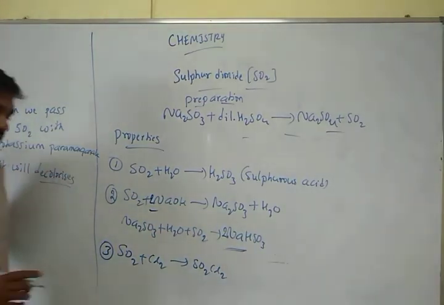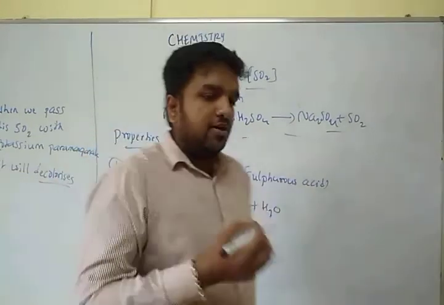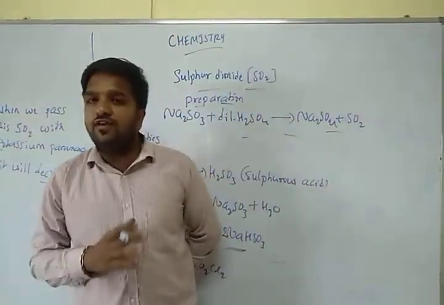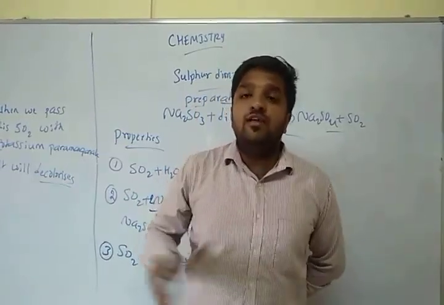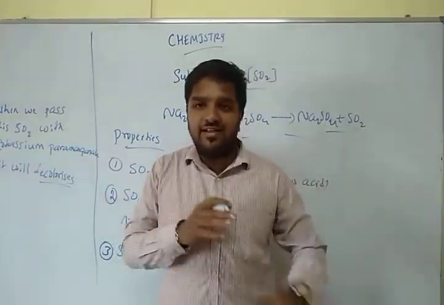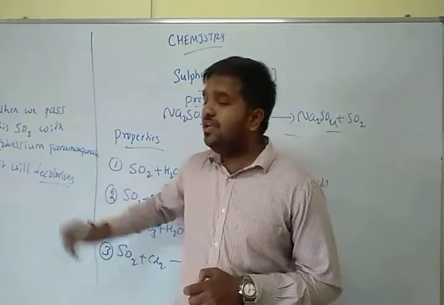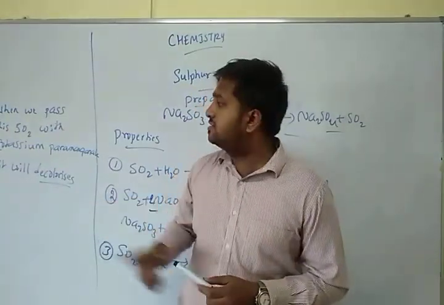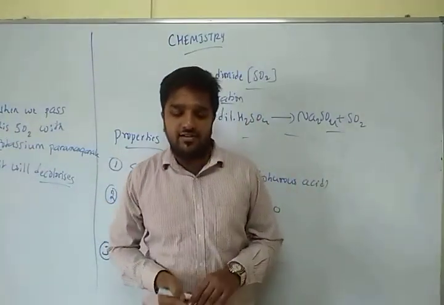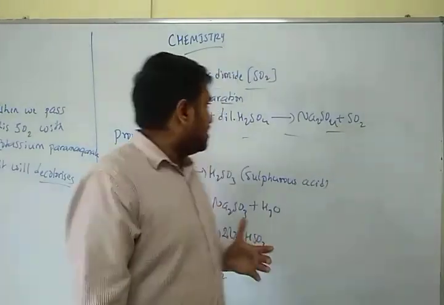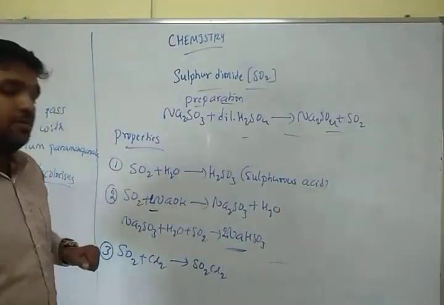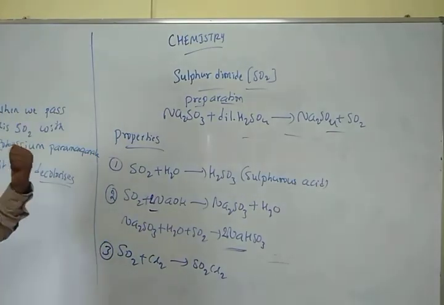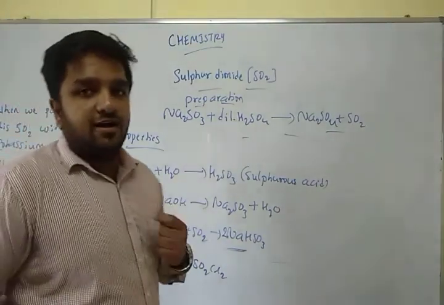So the potassium permanganate will lose its color when you pass sulfur dioxide gas. That decolorization is the indication of the presence of sulfur dioxide. Clear, students? So this is regarding the simple preparation of sulfur dioxide, its chemical properties, and a test to detect the presence of sulfur dioxide.